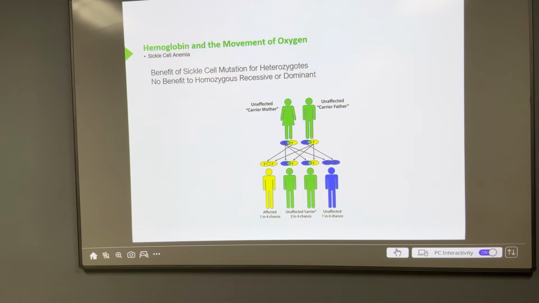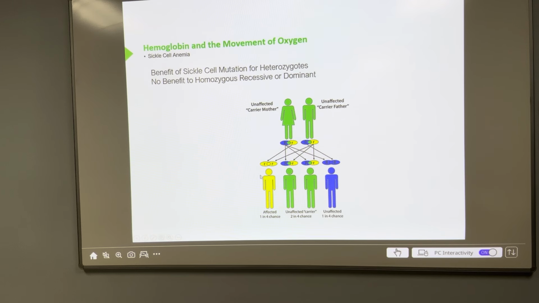If you look here, you see that if you're affected, two little r's, you will have the disease. If you are healthy and unaffected, you see that the benefit of the sickle cell mutation is for the heterozygous. No benefit for homozygous recessive or dominant.